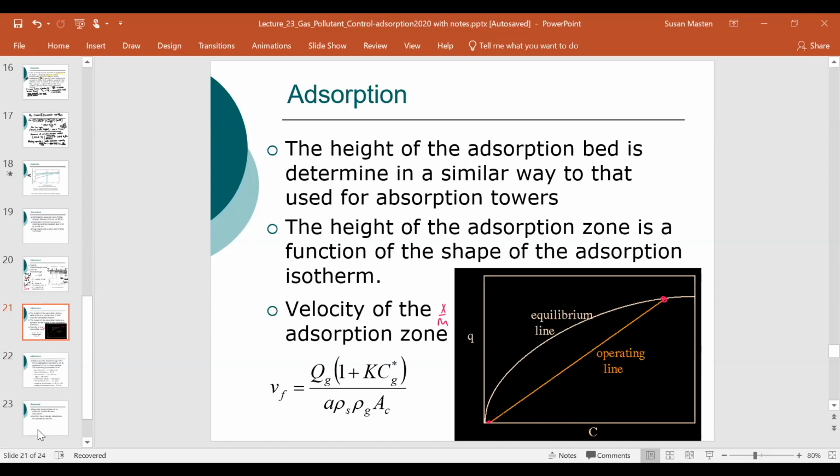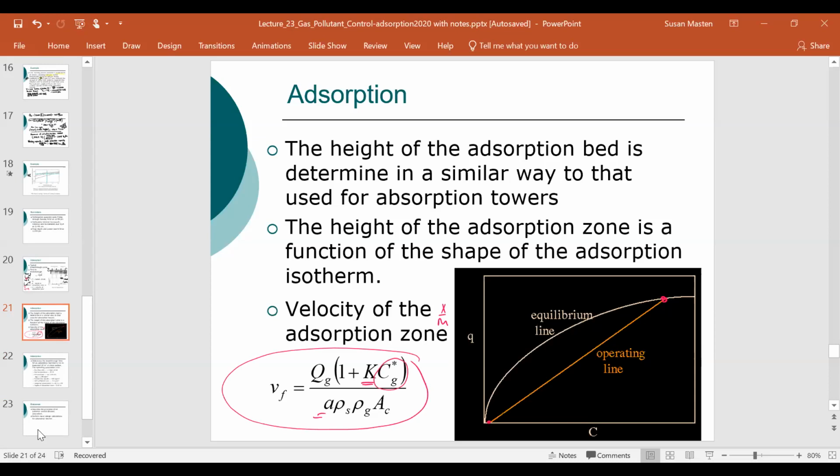Now this velocity term right here is dependent on a number of factors. So this K and this A value are the constants from the Langmuir isotherm. Q sub G is the gas flow rate, and it's a mass flow rate, so it's mass per time.